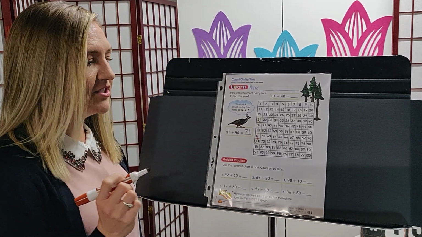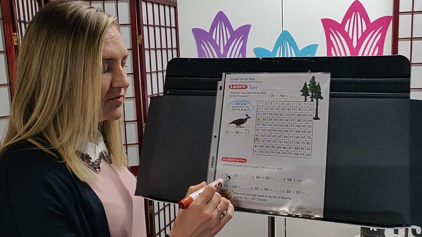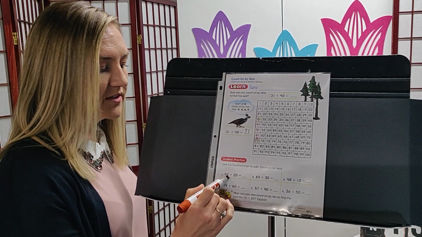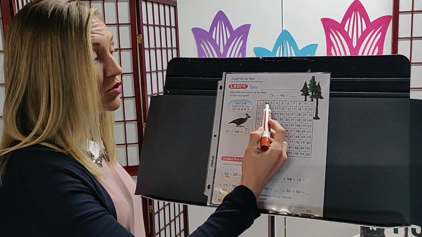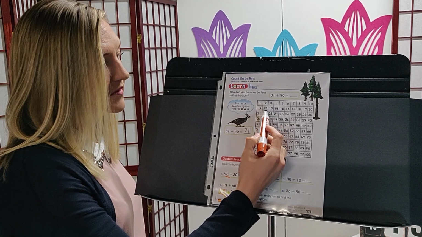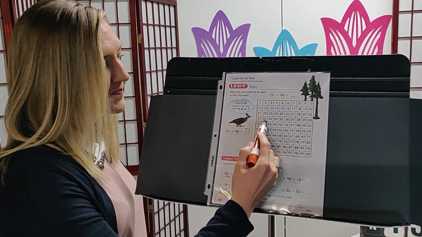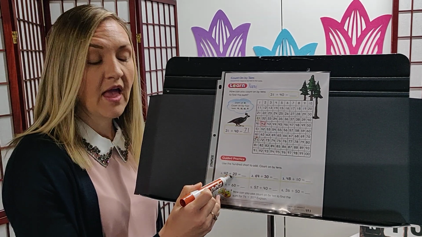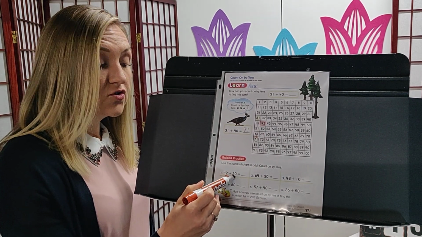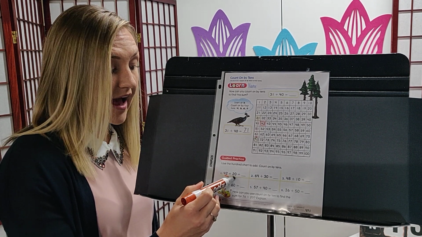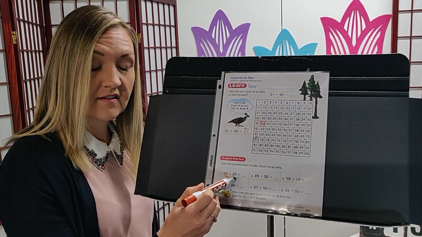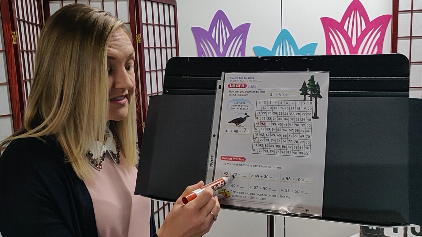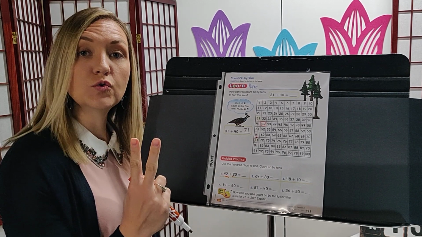Okay, so 42. 42 ends with a 2 in its ones column, so let's find the 2 and scoot down until we find 42. Here it is. Okay, we're going to start on 42, and we're going to add 20. 20 is the same as how many groups of 10? 20 is the same as 2 groups of 10.